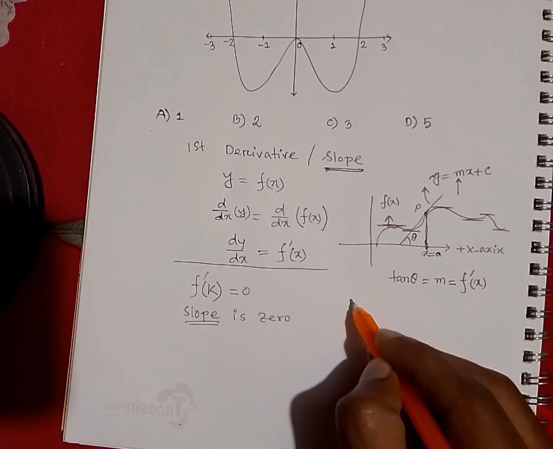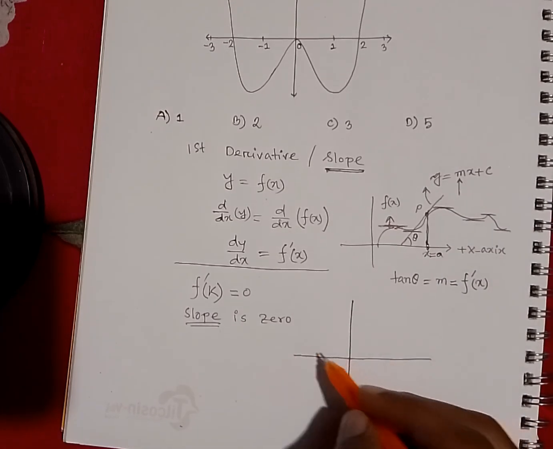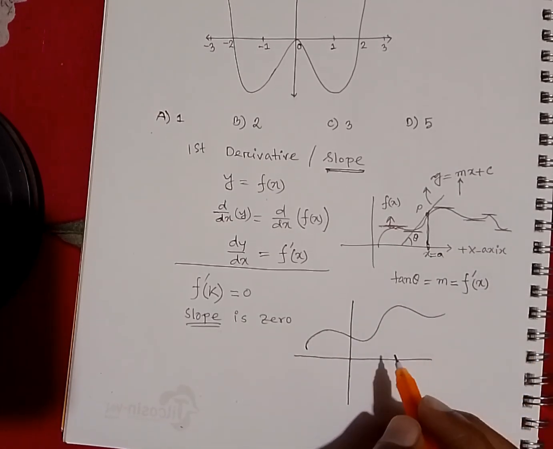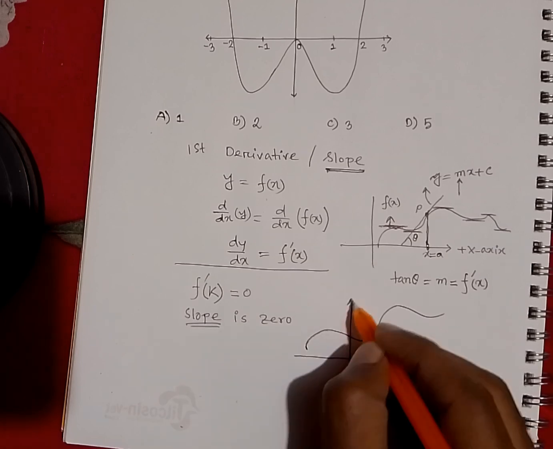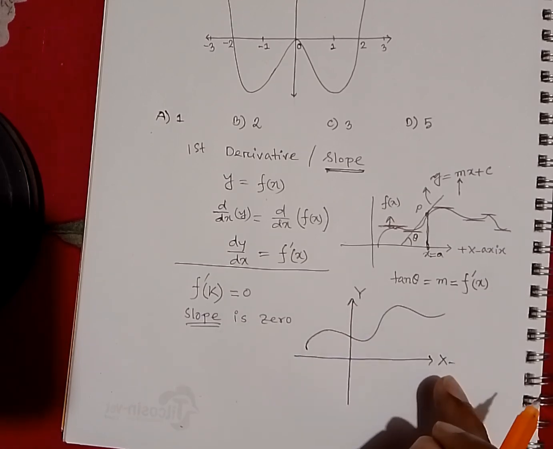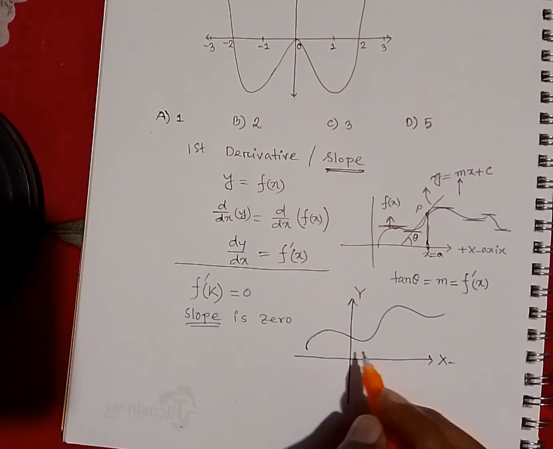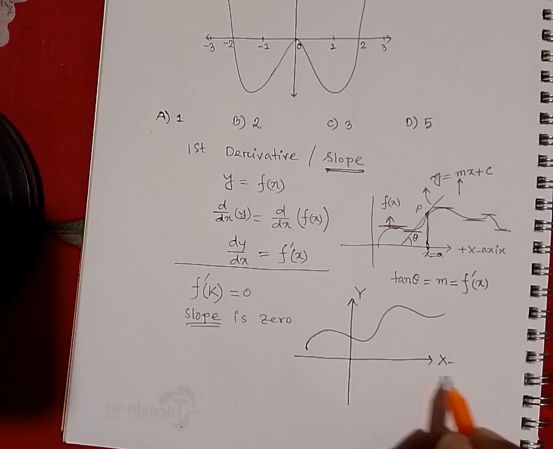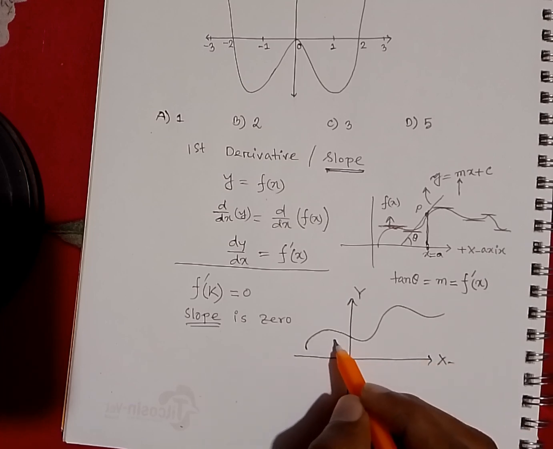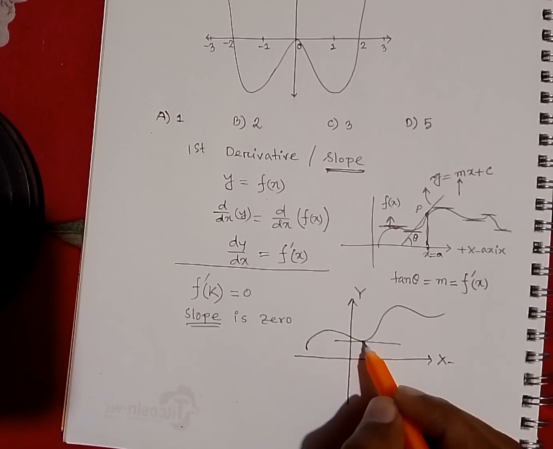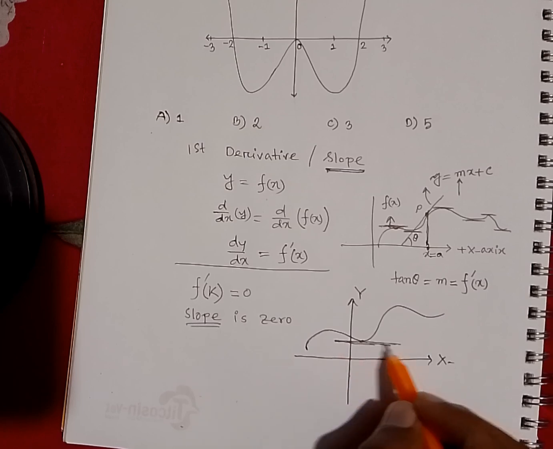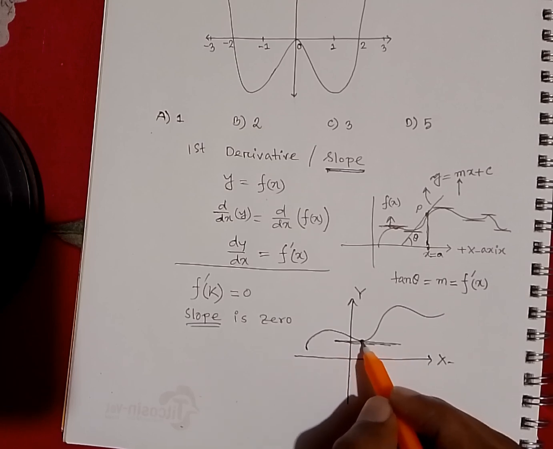That means if you take any function, and you have a straight line which is parallel to the x-axis, if the straight line touches the curve, then at that point the slope is 0.